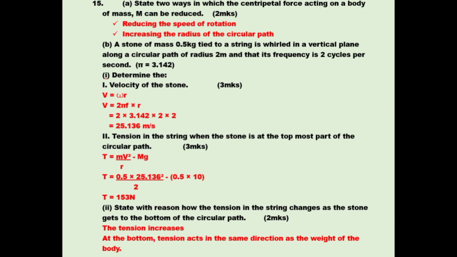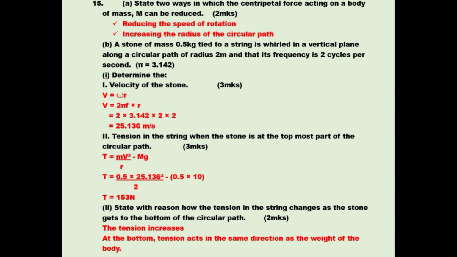Let's go to 15b. A stone of mass 0.5 kilogram tied to a string is whirled in a vertical plane along a circular path of radius 2 meters.